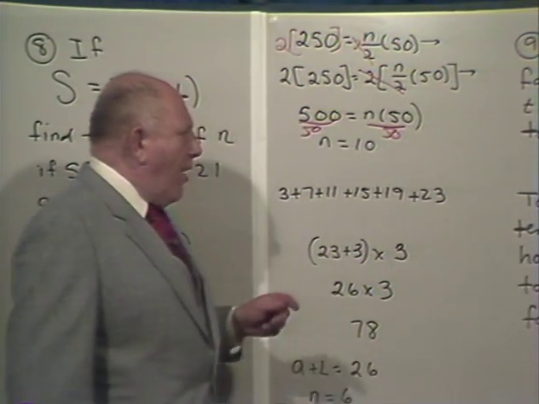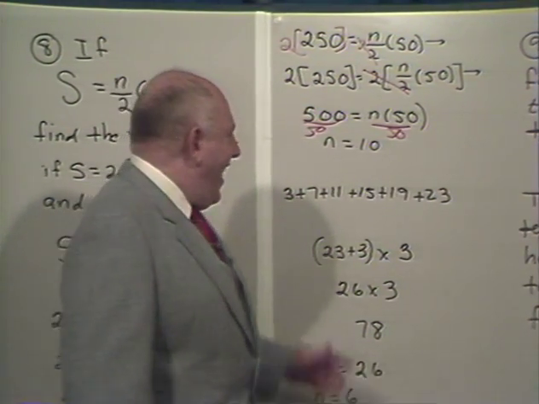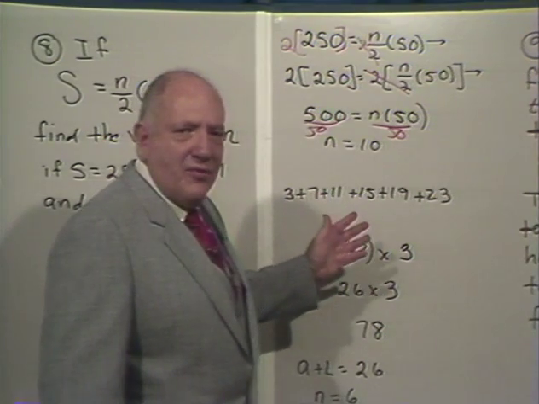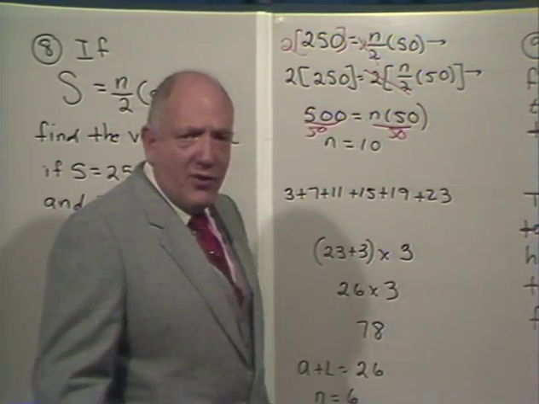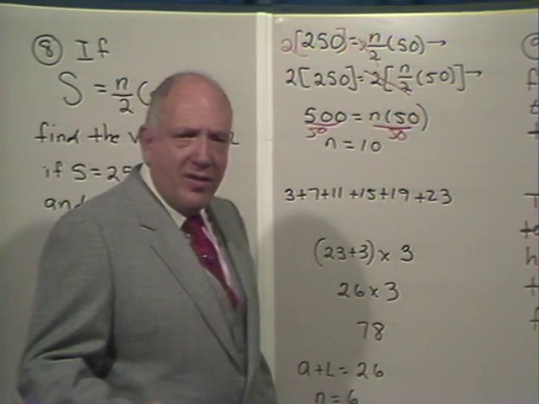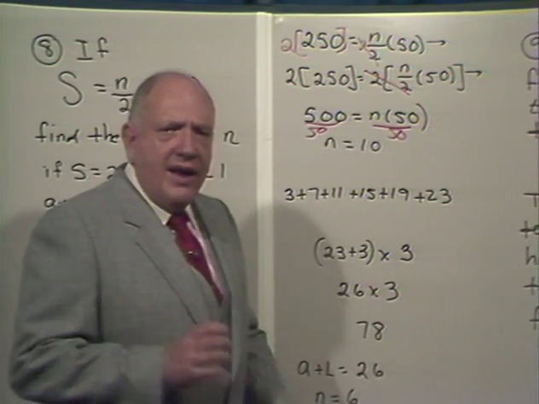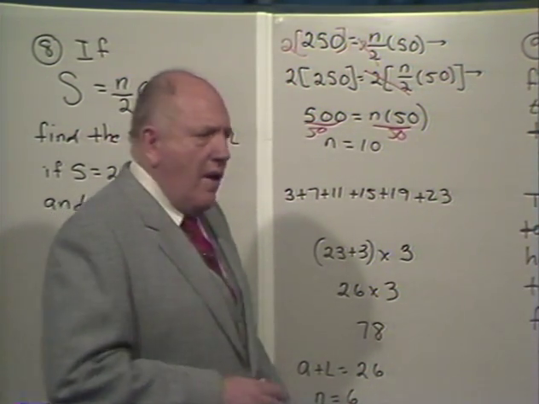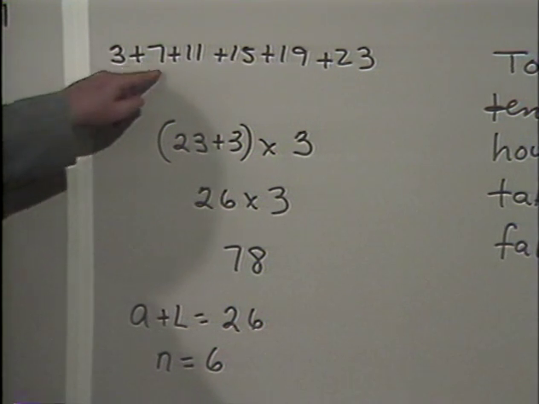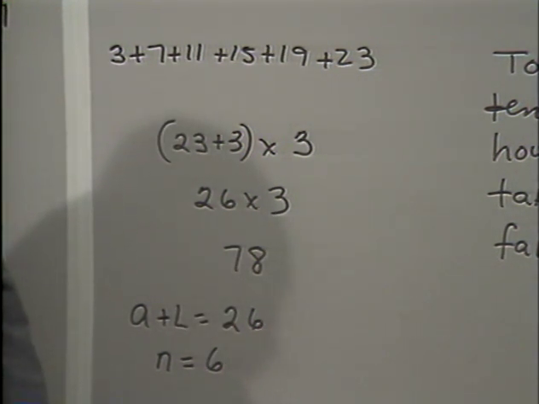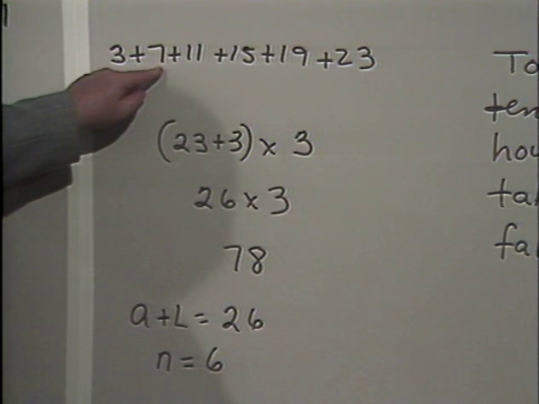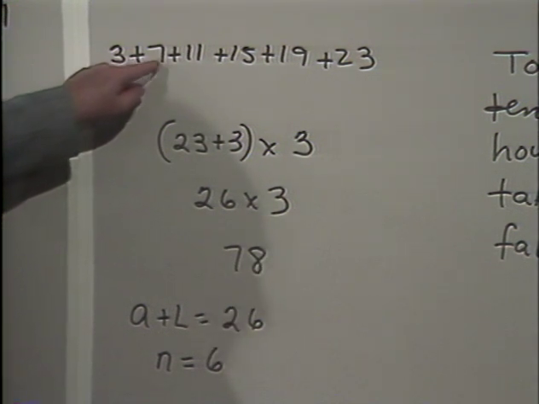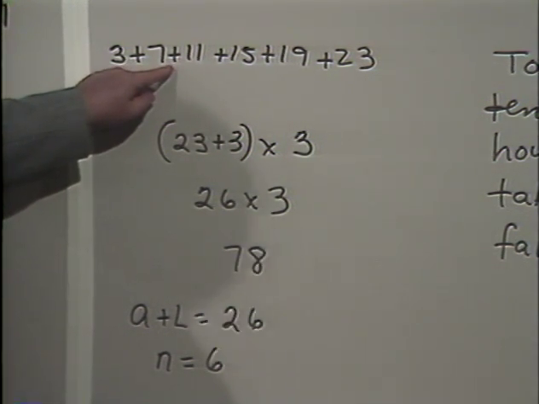Now, just to finish this problem off, do you remember in our enrichment lecture, I showed you how to add the first 6 numbers and the first 100 numbers? Well, the principle behind that isn't that the numbers were consecutive. The principle behind that was there was always the same difference between 2 consecutive ones. Like in going from 3 to 7, I add on 4. In going from 7 to 11, I add on 4.